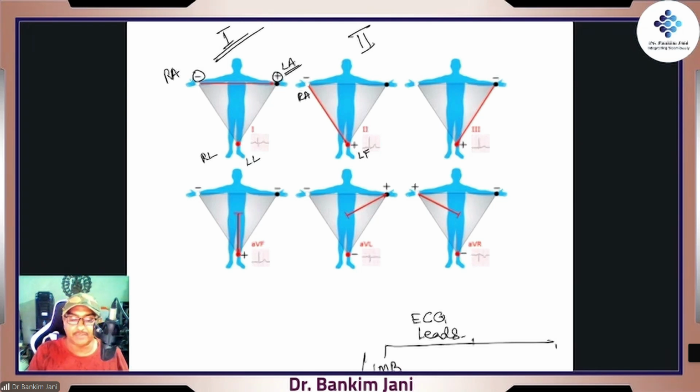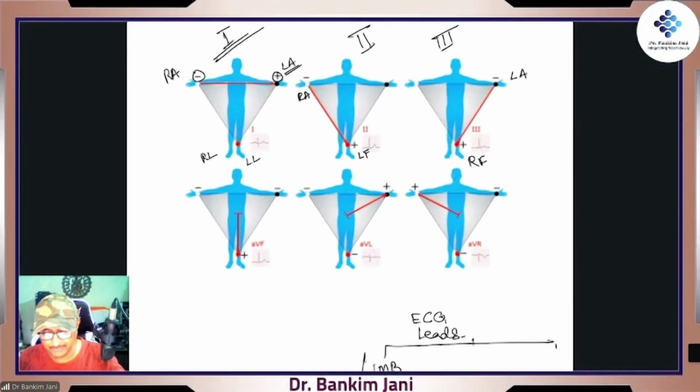Right arm is negative. Simply speaking, right arm is always negative, and left foot is always positive in any of the leads. I'll still explain. And this is the third one. It is the lead 3. When the arm is minus, that means the left arm is minus, and this right foot, that is plus.